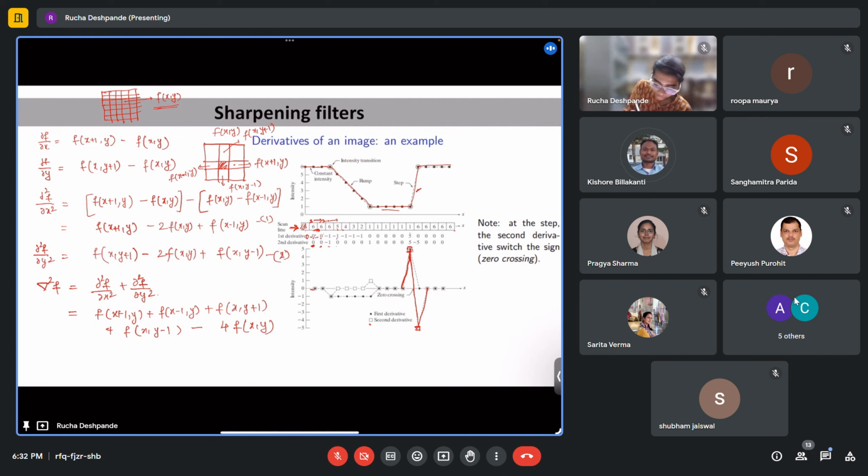If we look at this image, this gives us the Laplacian filter as 0 minus 1 0, minus 1 4 minus 1, 0 minus 1 0. This expression is like applying this filter on my pixel f of x comma y. Is this clear?